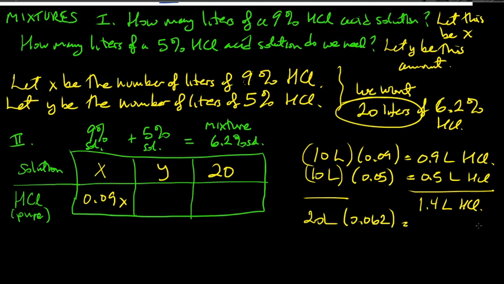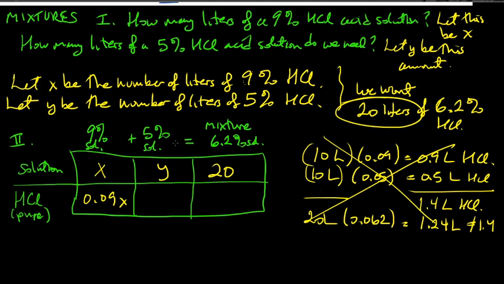So go to your calculator. Nope, we get 1.24, which is close, but it's not 1.4. It's not exactly what we need. So again, it's not half and half. It's a good guess, but that's not what we're looking for.